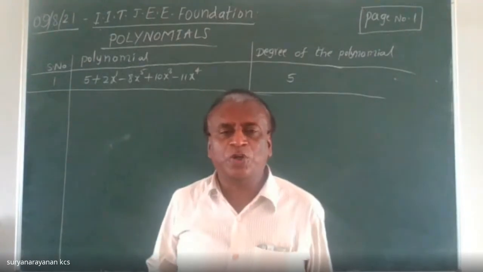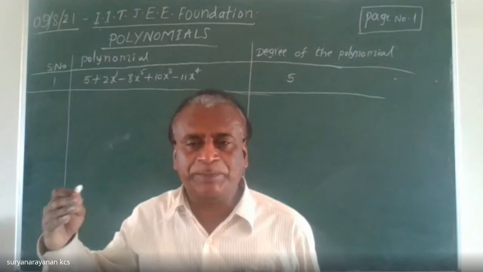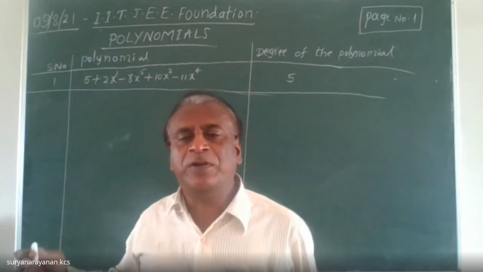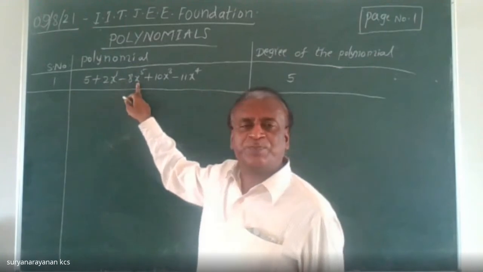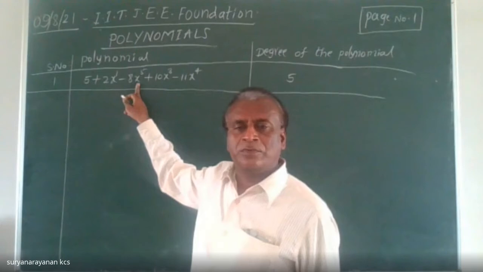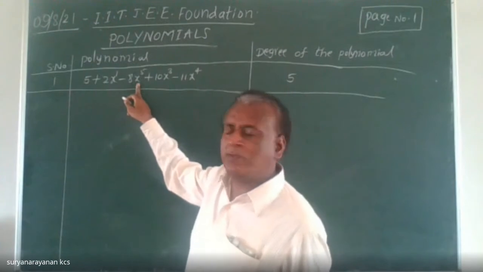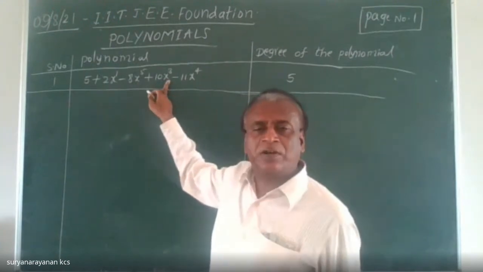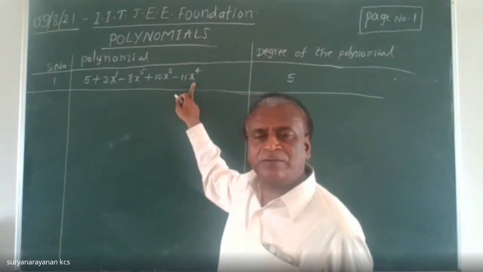Previously, I told you if no superscript is given to any variable, we consider it as 1. What is the exponent of x here? 5. Yes, very good. What is the exponent of x here? 3. Yes, very good. What is the exponent of x here? 4.